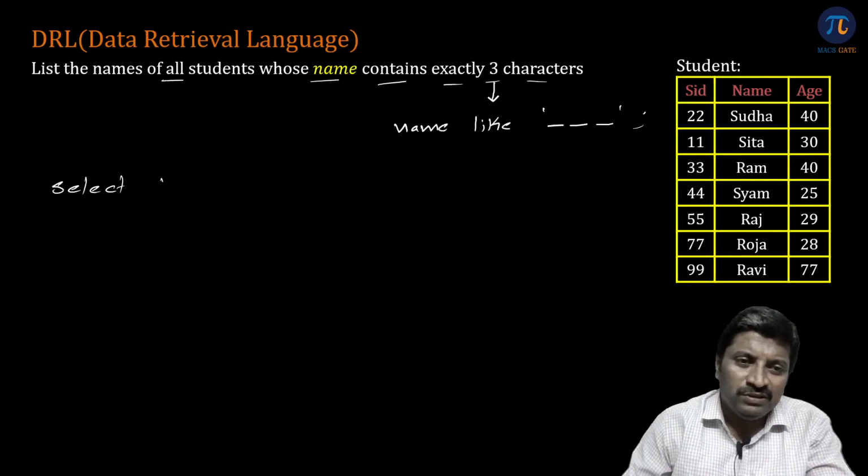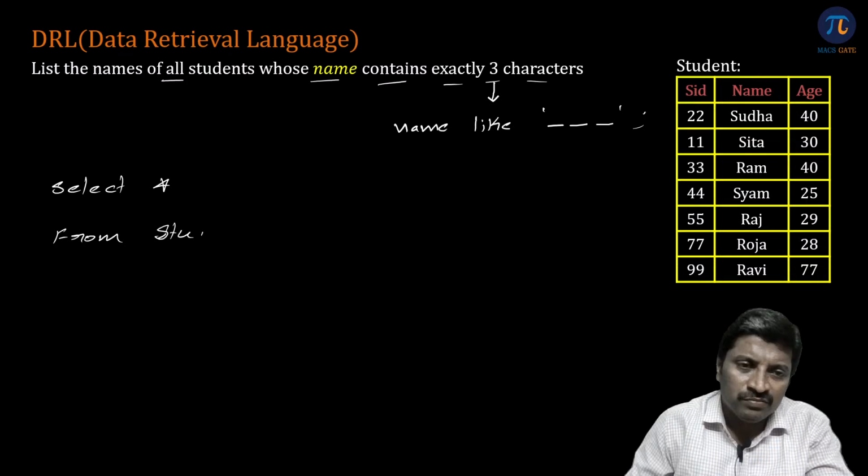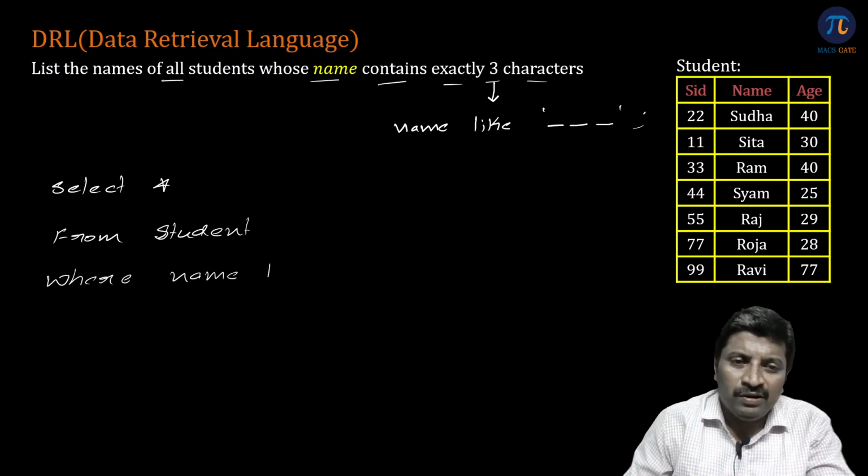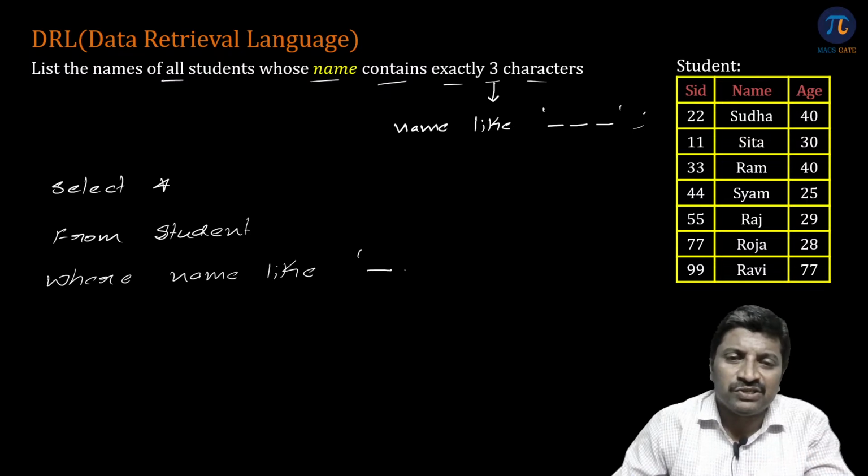Select star from student where name like 3 underscores.